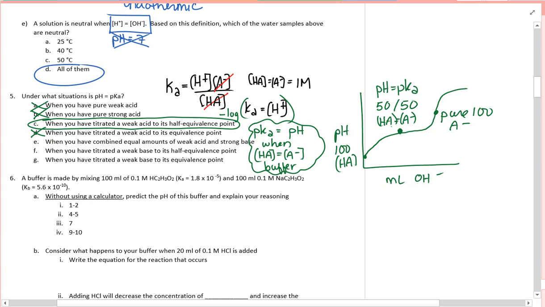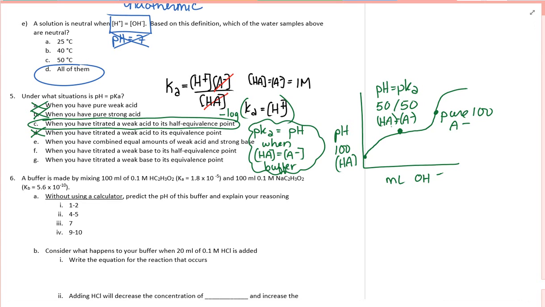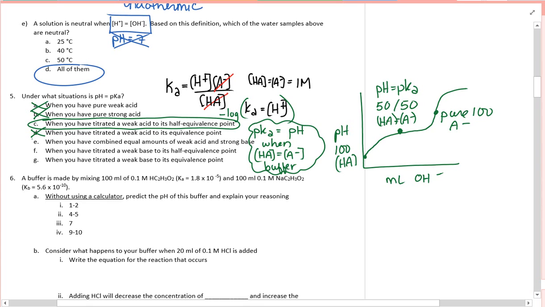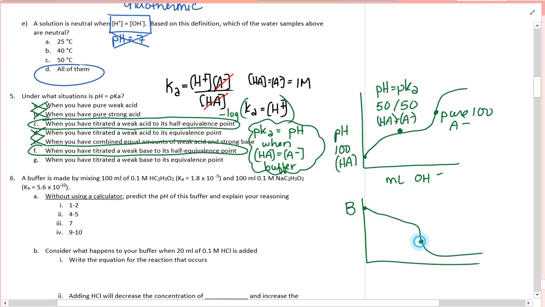Okay, so how about E? When you've combined equal amounts of weak acid and strong base, that's actually the same thing as D. That is the equivalence point. And how about F? Yep, when you've titrated weak base to its half equivalence, you have the same thing happening here. You're starting out here with a pure weak base. As you titrate it, you're going to turn that base into its conjugate acid. But when you're halfway there, you've got half base and half acid.